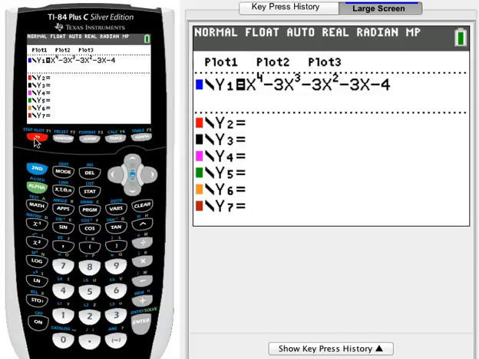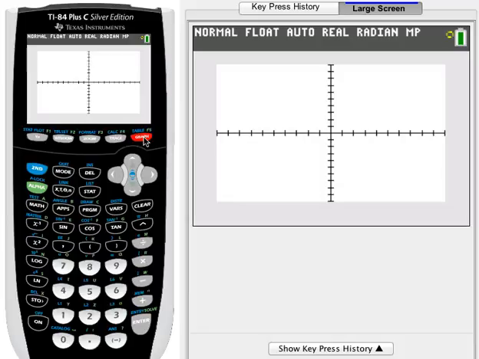I'm going to go into here. So x to the 4th power plus 4x to the 3rd power minus 12x squared minus 28x plus 35.